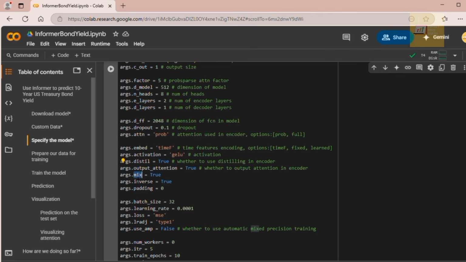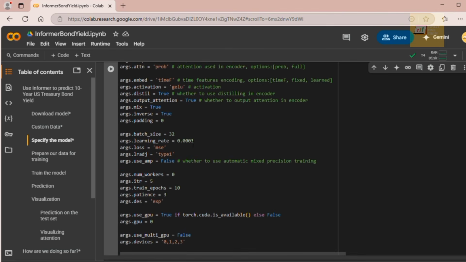And then mix is also true. Inverse is also true because by default, our data will be normalized. So to get back our prediction, we have to inverse it. Okay, and then for these parameters, I just go with the default. MSE is the metric used here as the loss metric.